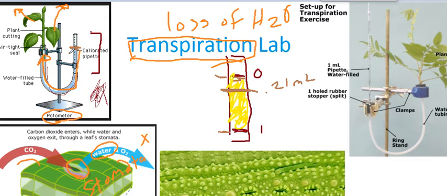So to make sure we're good at seeing this, before we move into the next phase of my drawing, we're talking about the lab. We're looking at a potometer, which is the structure that studies the rates of transpiration in a plant.